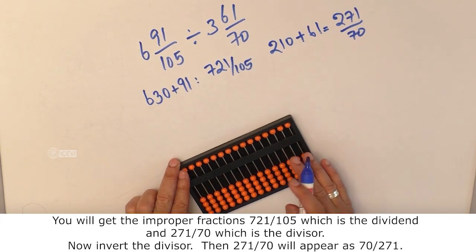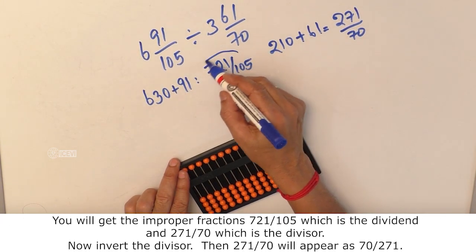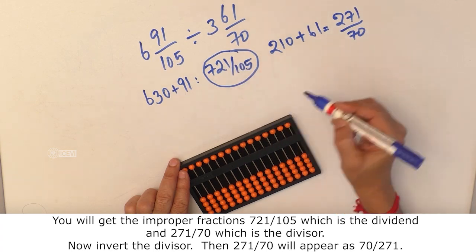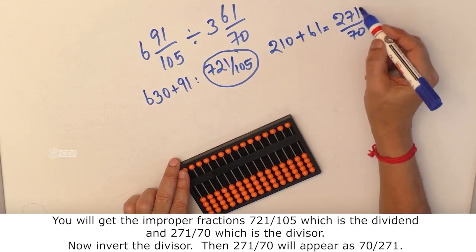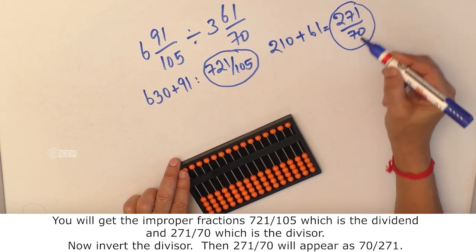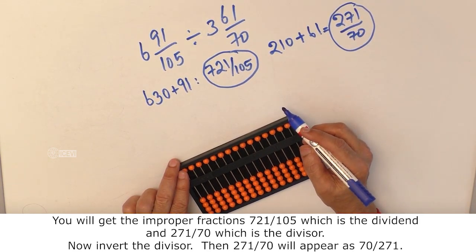You will get the improper fractions 721 by 105, which is the dividend, and 271 by 70, which is the divisor.